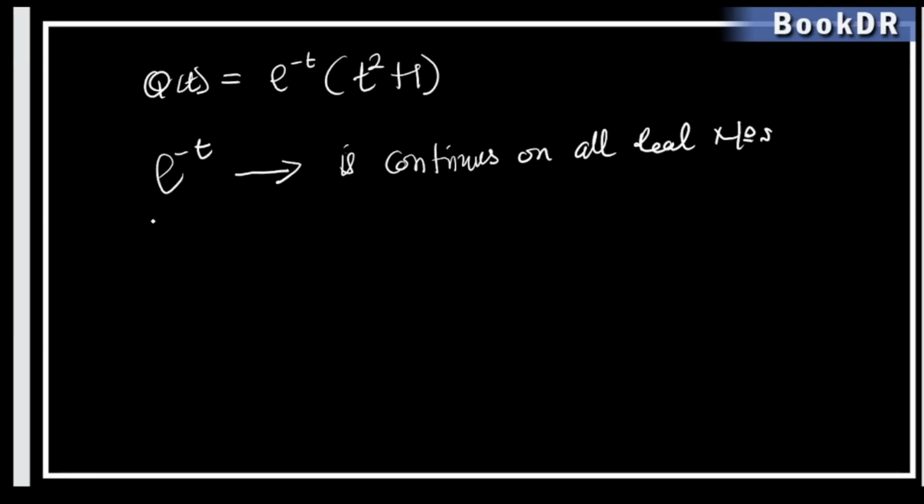The other function is t squared plus 1, and this is a polynomial function. For polynomial functions too, they are continuous on all real numbers. So the interval for which q of t is continuous is from negative infinity up to positive infinity.